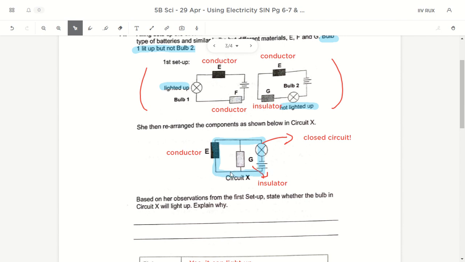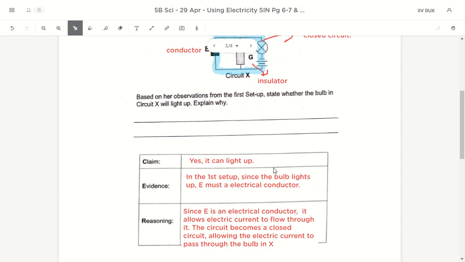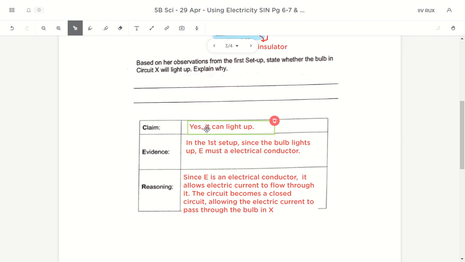So the reason here is very simple. Yes, it lights up, because in the first circuit, it is shown that E is an electrical conductor because the bulb lights up, and since it is an electrical conductor, it allows electric current to flow through it. The circuit becomes a closed circuit in X, allowing the electric current to pass through the bulb in X. That's why the bulb lights up.